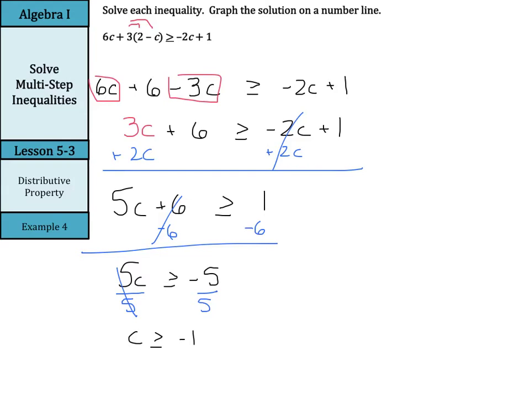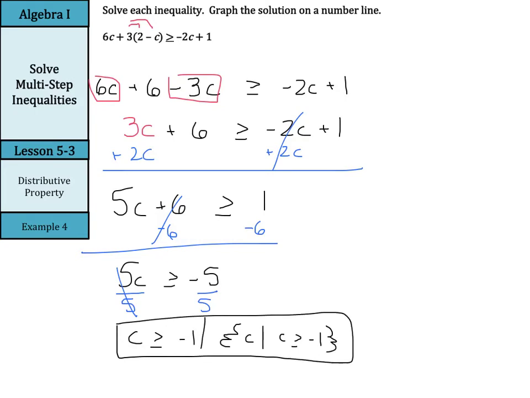And using our set builder notation, the solution here, the brace C, and C is greater than or equal to negative 1. Now, in order to graph the solution on a number line, we have negative 1, a number bigger is 0, another number smaller is negative 2.